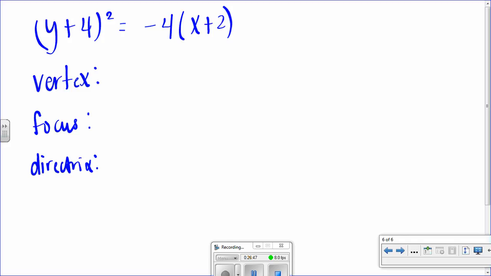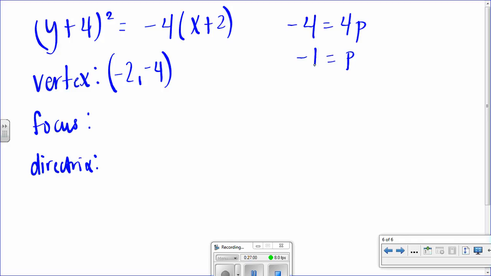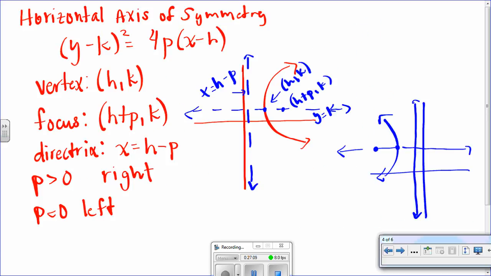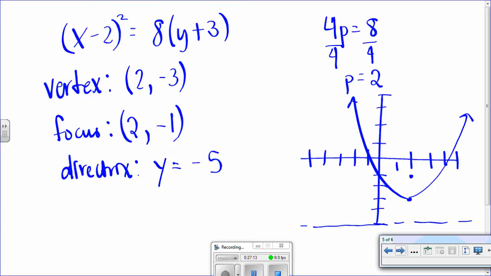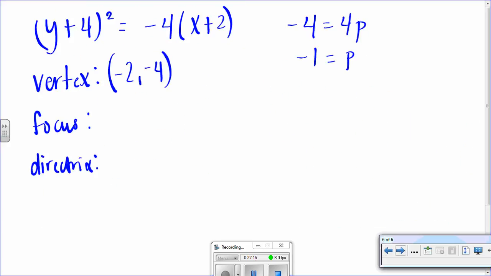Where's the vertex? Negative 2, negative 4. Gotta find out what P is. So negative 4 equals 4P. What's P? Negative 1. Okay, focus. What is the focus? The focus is at H plus P, comma K. P is negative 1.